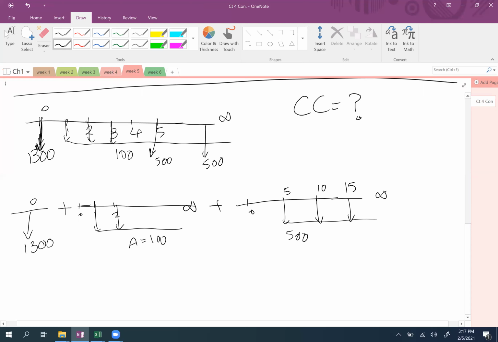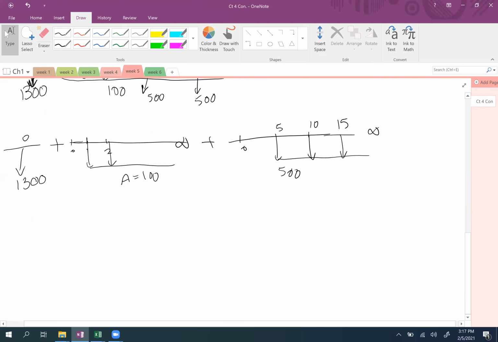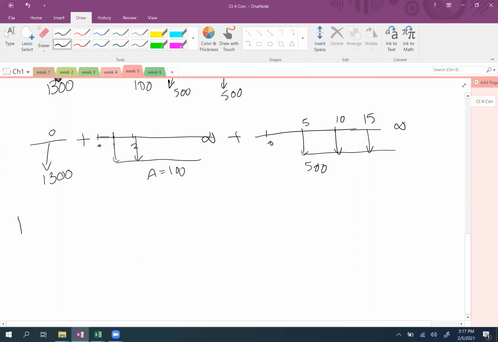So to calculate the capitalized cost or present worth of this cash flow, present worth or capitalized cost is equal to, so the first cash flow is 1,300, which is in its place, so I will not touch it because it's already at time 0. This $100,000 is happening every year, so I already have A. I want to transform or shift it to time equal to 0.